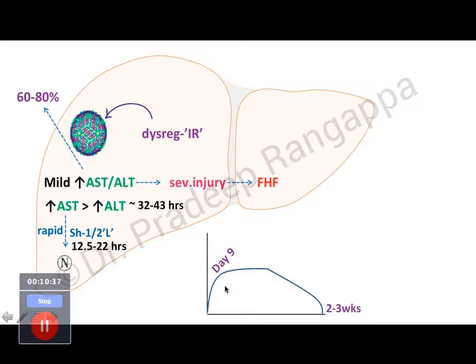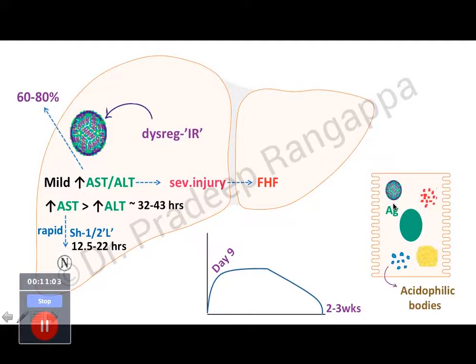The rise in liver enzymes typically peaks around day 9, lasts a few days, and then normalizes by 2 to 3 weeks. So that is the progression of liver dysfunction. Like the picture you saw in leptospira, even dengue can directly affect the hepatocytes, and antigenic expression can happen within the hepatocytes.